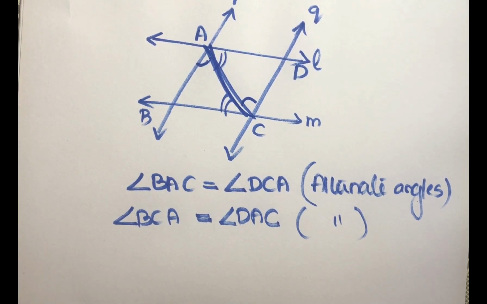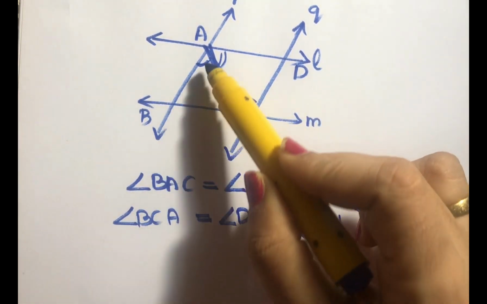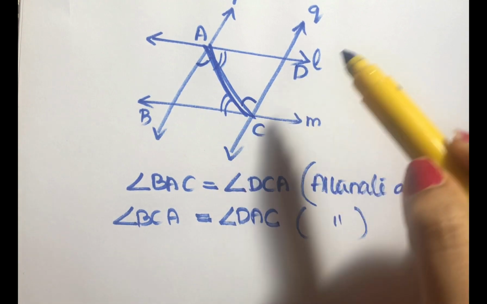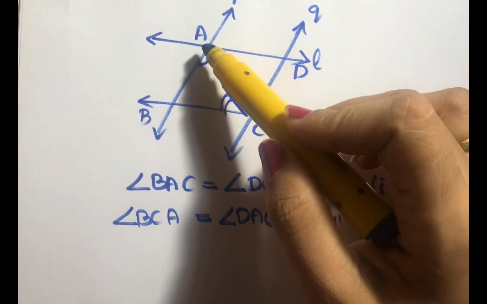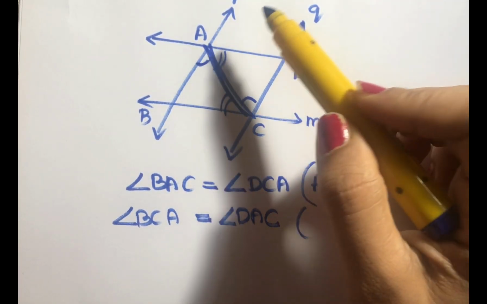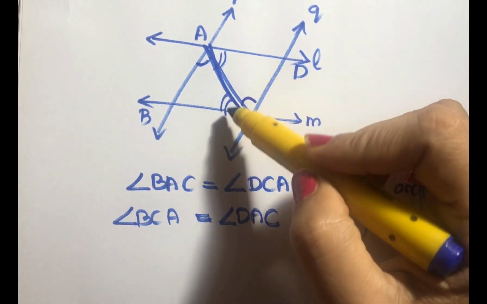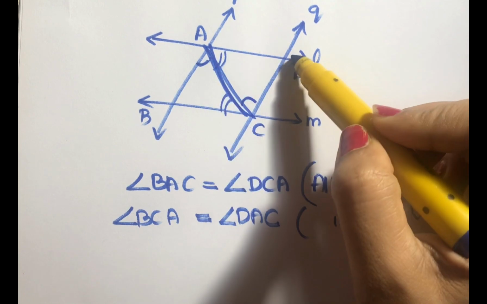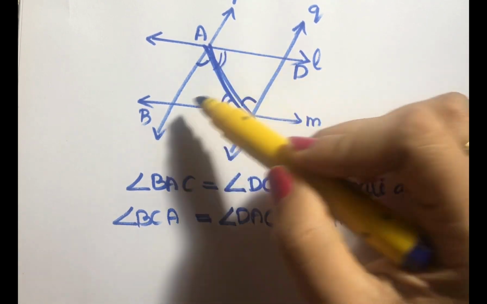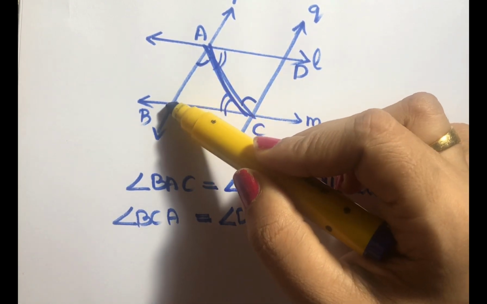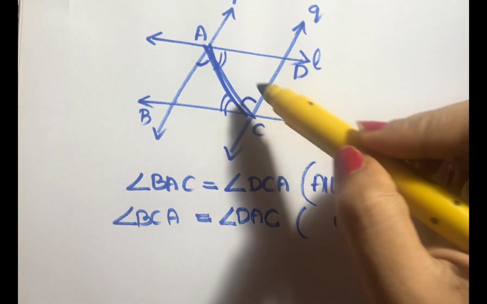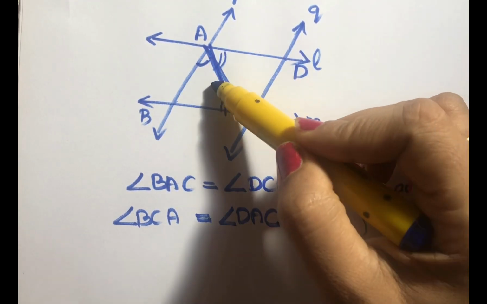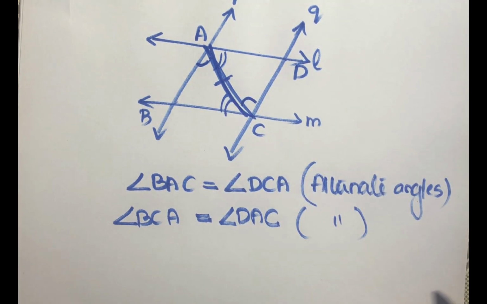So now in triangle ABC and triangle CDA, we have angle BCA equal to angle DAC, and also angle BAC is equal to angle DCA, and also this is a common side.